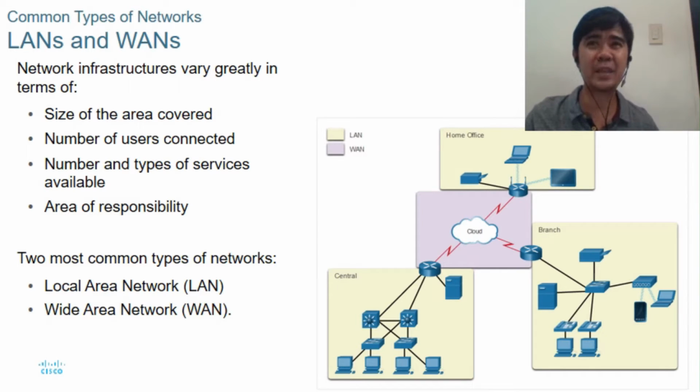Mapua Makati connecting to Mapua Intramuros is a wide area network. Internet is a wide area network. Actually, a wide area network consists of two types. Private, like Mapua Makati connecting to Mapua Intramuros, that's a private wide area network, while the internet is a public wide area network.